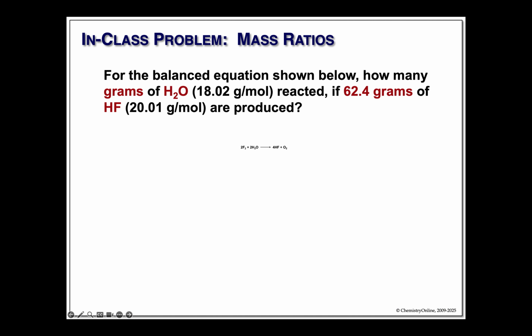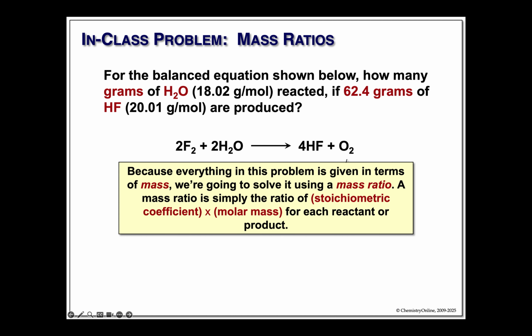Let's elaborate a little bit on the mass ratio. We're going to define a mass ratio as simply the coefficient multiplied by the molar mass. Here we're looking at grams of water, grams of HF.